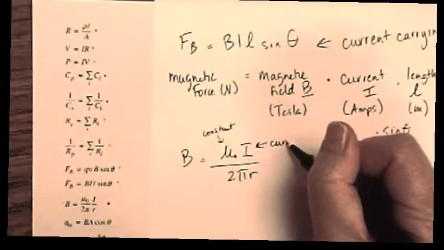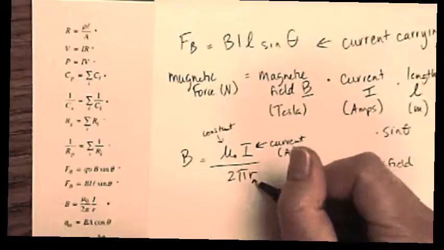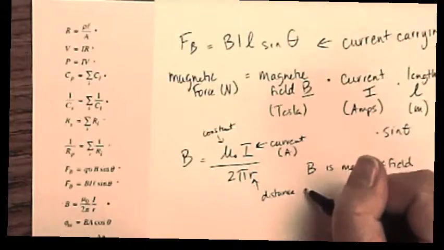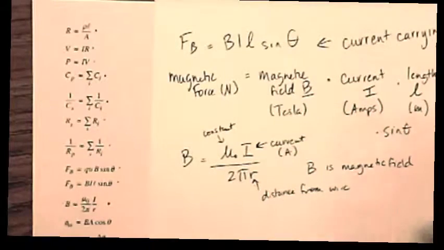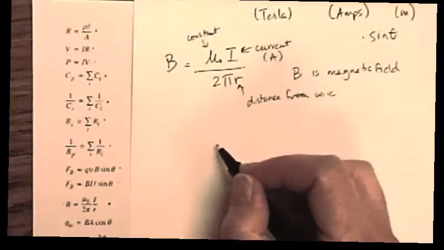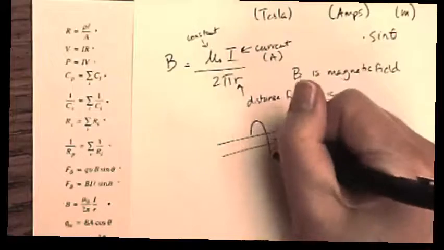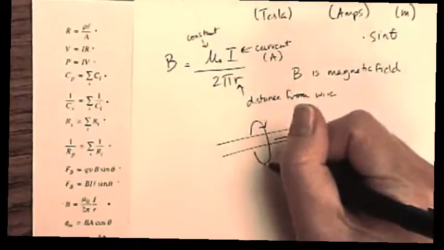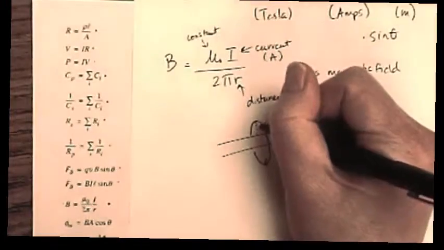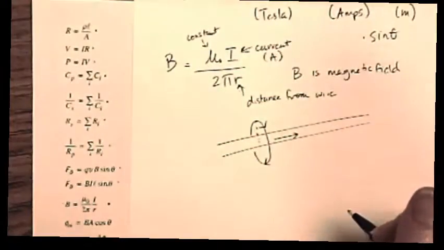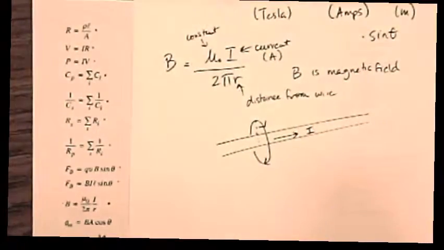I is current in amps. And R is your distance from the wire. So, let's lift this up a little bit. If you have a current carrying wire with a magnetic field around it, you can find the strength of this magnetic field based on your distance from that wire. That's what this is saying, and based on the amount of current in that wire.